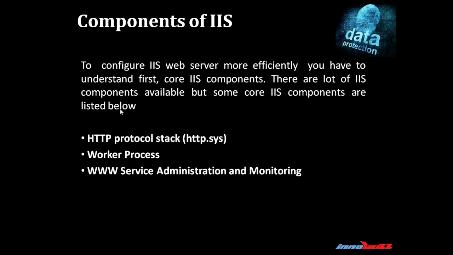To configure an IIS web server more efficiently, you first have to understand the core components of IIS. There are a lot of IIS components available, but some core components are listed here, such as the HTTP protocol stack maintained by http.sys, worker process, and WWW service administration and monitoring.